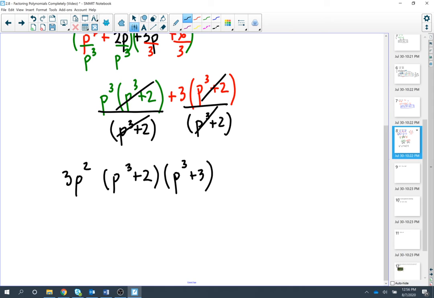This is a p cubed, which means I could do p times p times p. But could I do 2 times... I don't think 2 has a cube root. Okay, so this one's done. P cubed, p times p times p. But what about this one? 3. You can't do 3. 1 times 1 times 1 is not... okay, this is done.